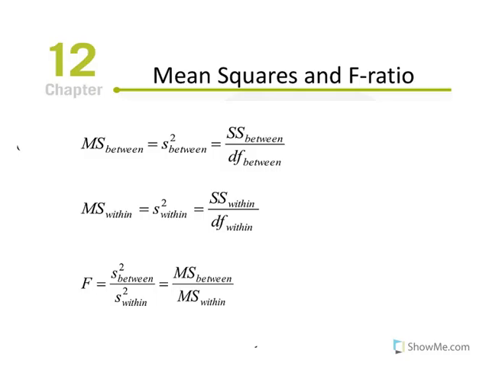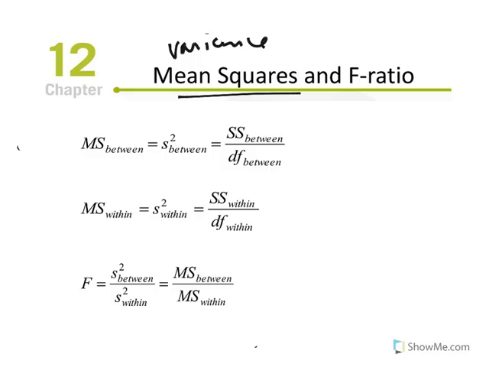To summarize, here's a slide to present what I had initially started this video with, simply presenting this concept of mean squared, which is the same as variance. So we say variance between, or MS between, is equal to S squared, which is variance between, and we know that anytime we're computing the variance, it's SS divided by corresponding degrees of freedom.